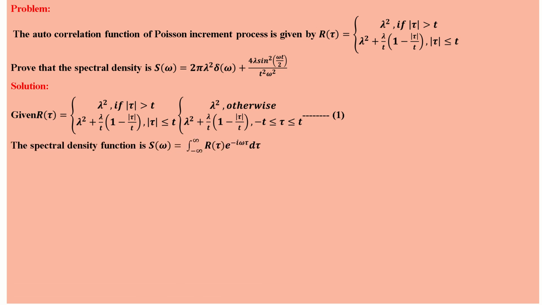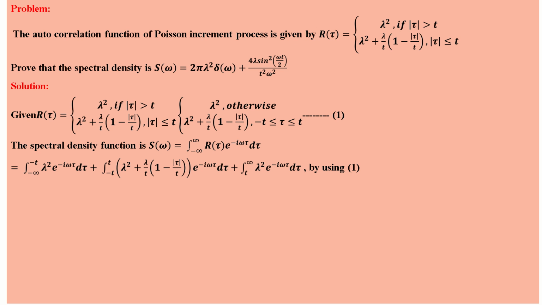We know the spectral density function S(ω) is the Fourier transform of the autocorrelation R(τ), that is, the integral from −∞ to +∞ of R(τ) e^(−iωτ) dτ.